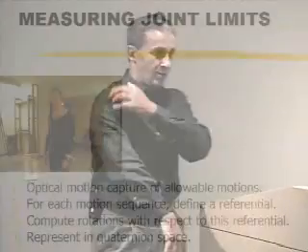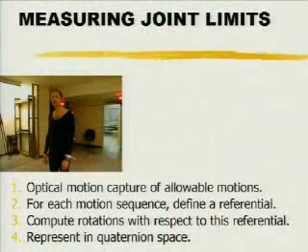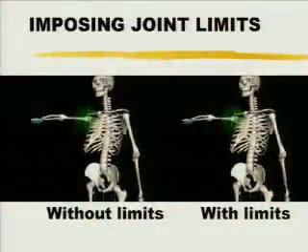In the case of people, it's even more complicated than that. What I can do with my elbow is not independent of where my shoulder is. I can bend my elbow, put my arm here, and I can't bend it anymore. So the range of my elbow is dependent on the position of my shoulder, which, by the way, in most animation systems that I know of, is not taken into account.